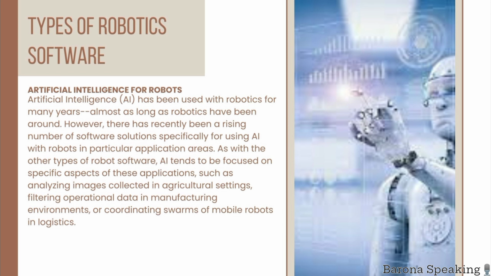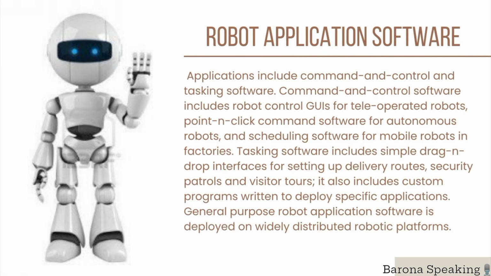And we're now in robot application software, where an application includes command and control and tasking software. Command and control software includes robot control GUIs for teleoperated robots, point-and-click command software for autonomous robots, and scheduling software for mobile robots in factories.